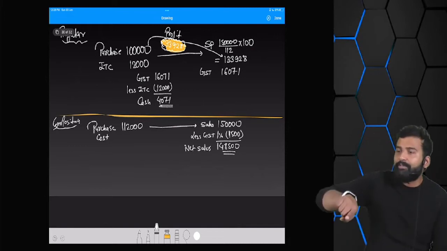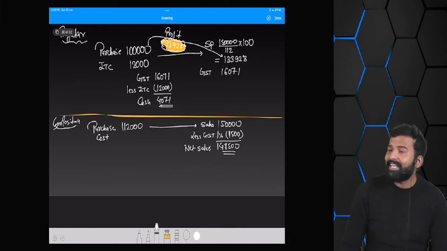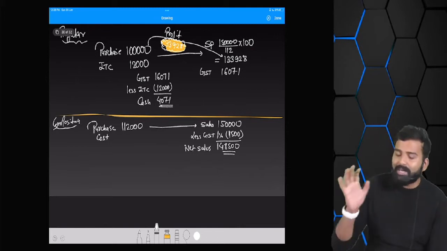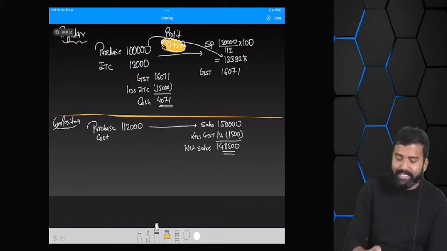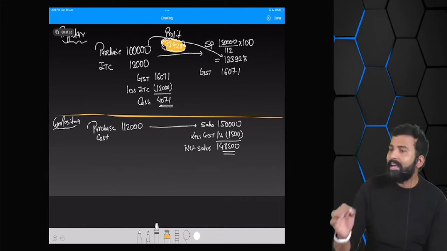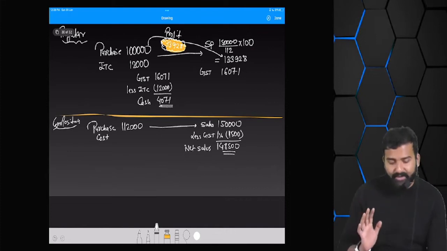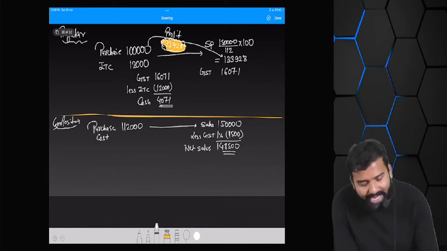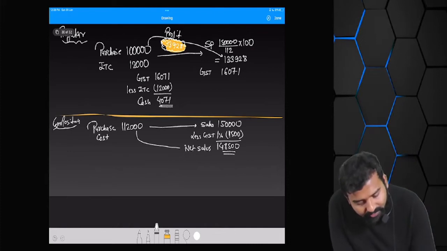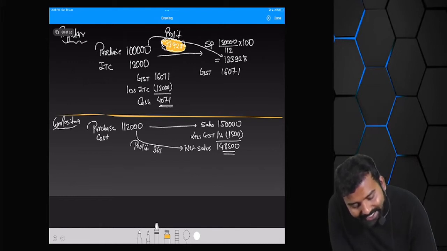He has collected 1,50,000 from the customer and is paying 1%, that is 1,500, as tax from his sales. So 1,48,500 is left with him. And what is his purchase cost? 1,12,000. So what will be his profit? His profit is 36,500.